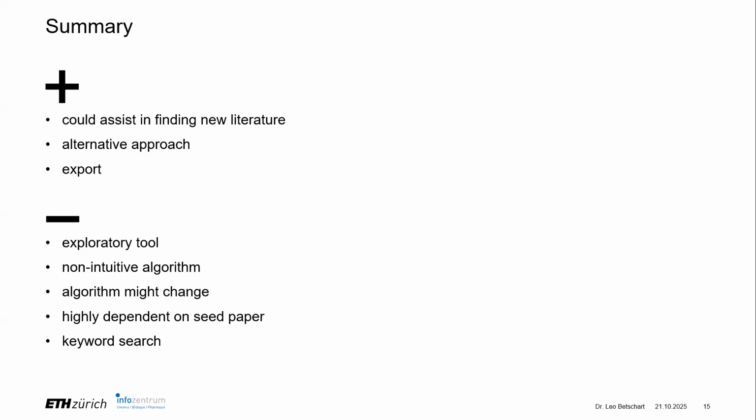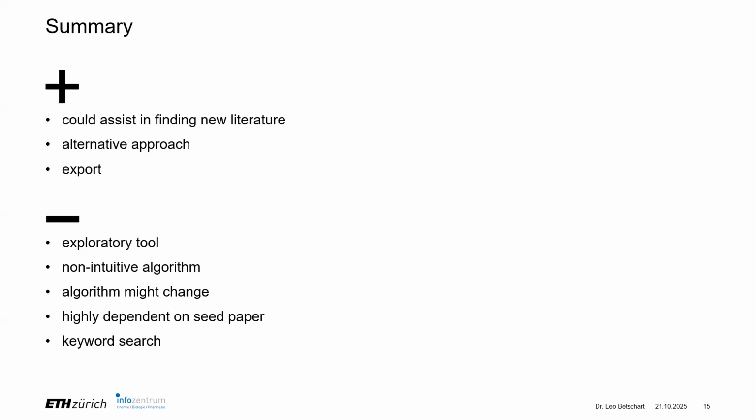I found when using the tool, it's highly dependent. Some papers give nice results because somehow there is a citation similarity with other papers, and you do find something, and with others you don't find anything at all. Especially if a paper doesn't have a citation yet, then of course the whole path into the future is not given, so you don't have that. And keyword search doesn't work.